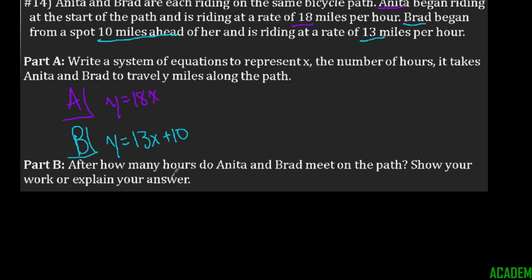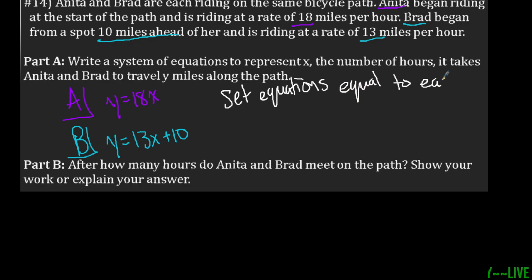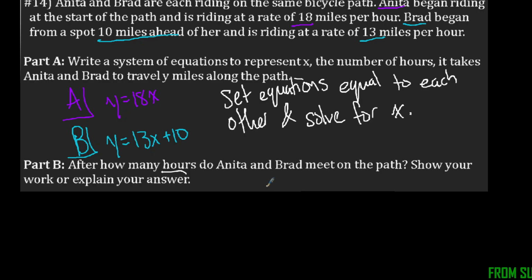Then for part B, it says after how many hours do Anita and Brad meet on the path? And show your work or explain your answer. So to be able to do this, all you have to do is set the equations equal to each other and solve for x, because that's what we're trying to figure out, x is the number of hours.